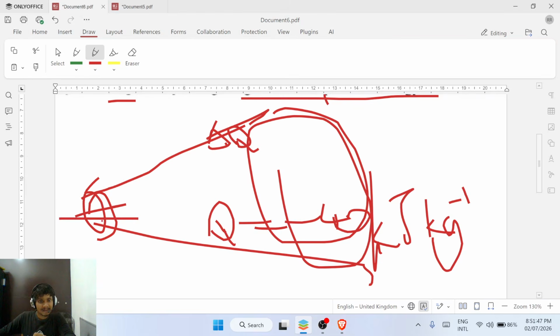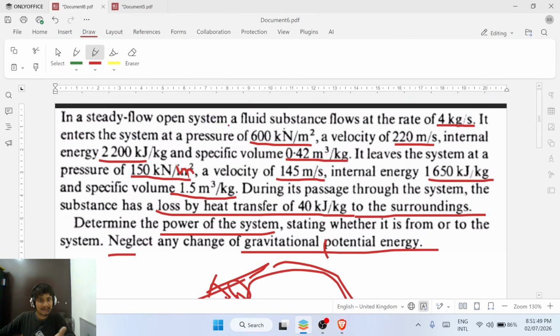Therefore, this is a steady flow. Now we are studying the steady flow energy equation. In the first video we discussed the non-flow energy equation, where there is no flowing of fluid.